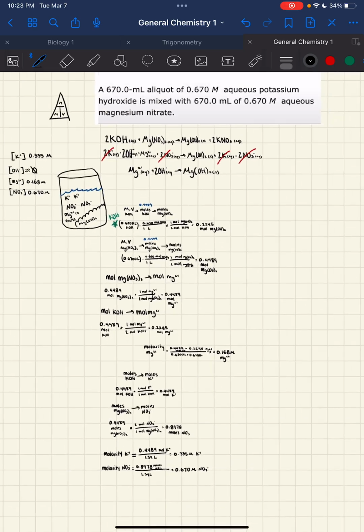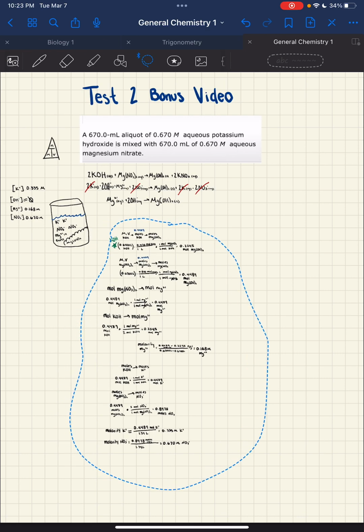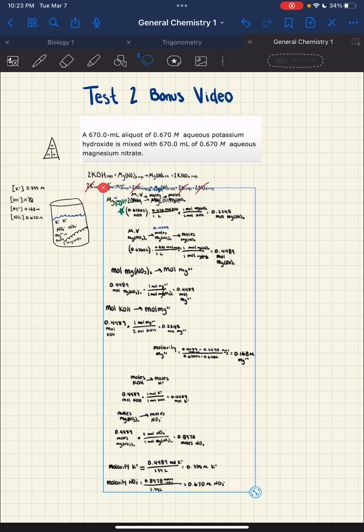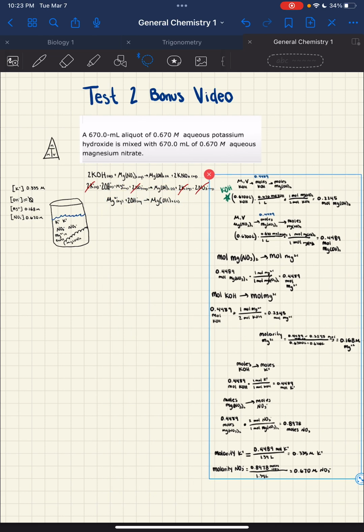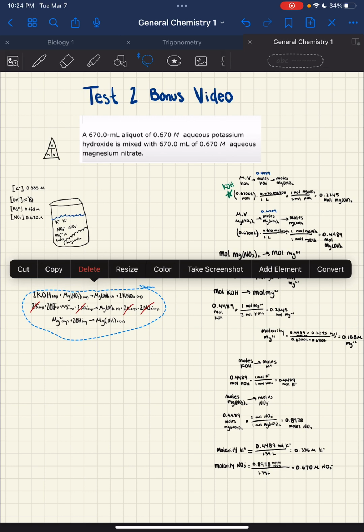And I'm going to go ahead and enlarge this too, just so you can see all of my work clearly. And then we'll go ahead and make this equation a little bit bigger as well.